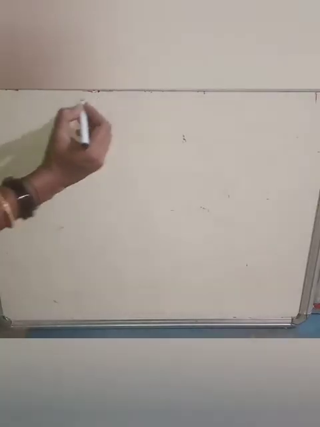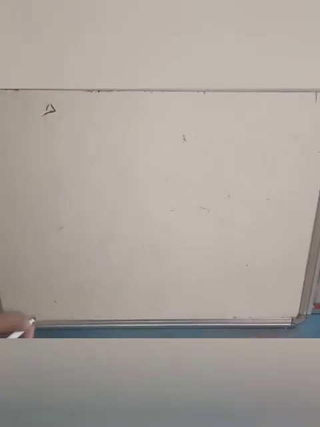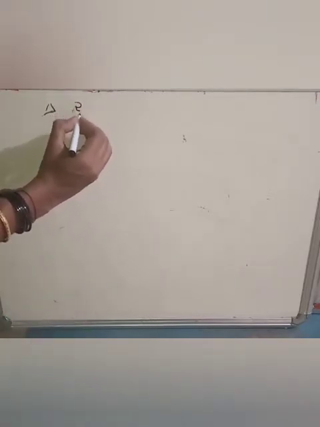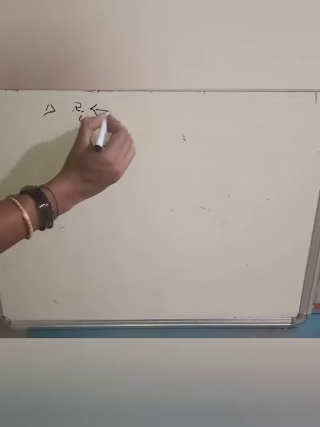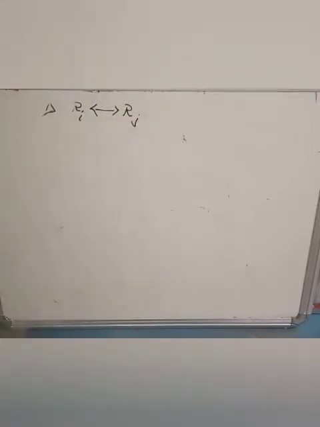The first one is interchanging rows or columns of a matrix. We denote that as one row is interchanged with another row. So this is the first elementary operation.